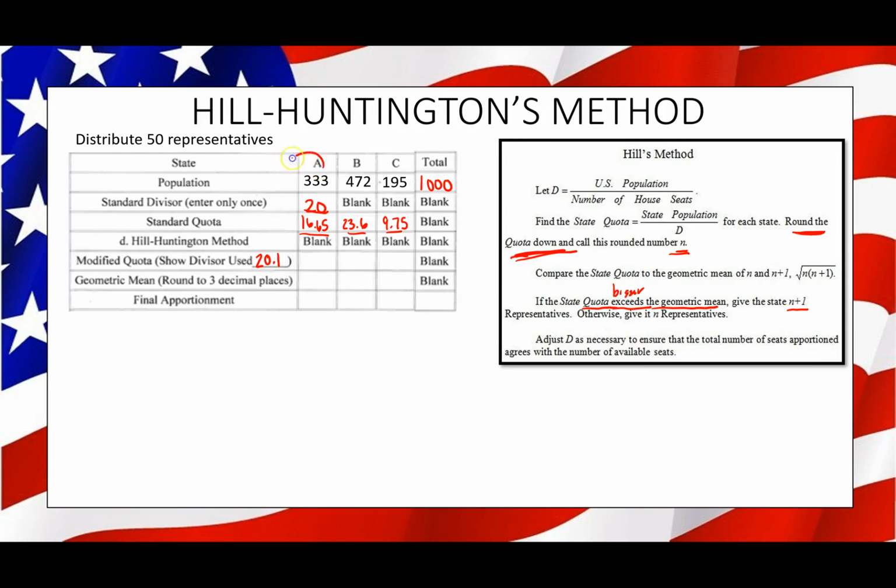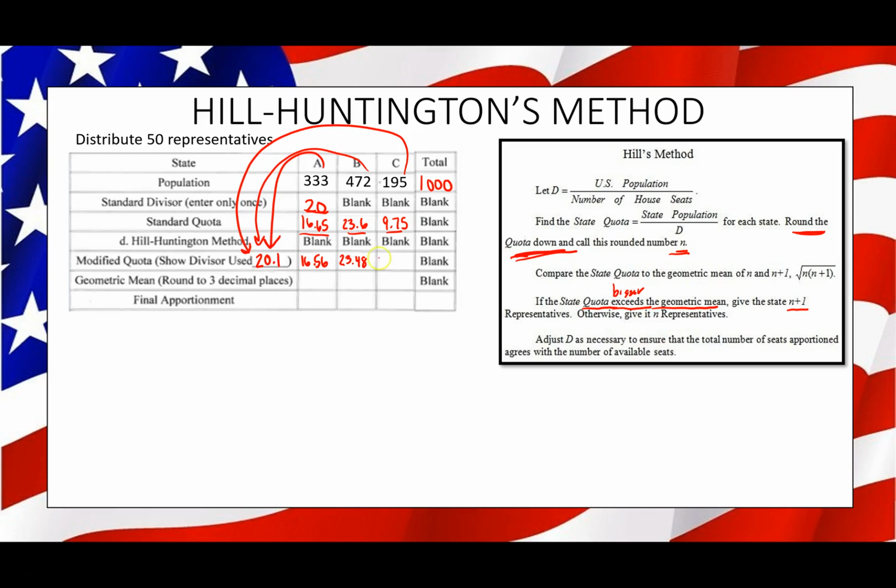Okay, so I'm going to do 333 divided by 20.1. I get a 16.56. Okay, now the next one, do 472 divided by 20.1, and I get a 23.48. That was this divided by that. And lastly, 195 divided by 20.1.